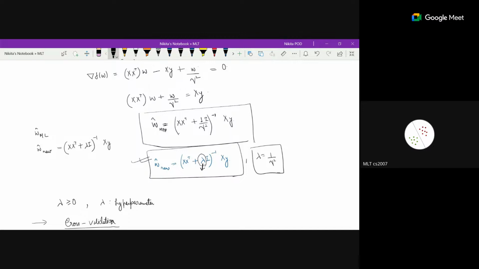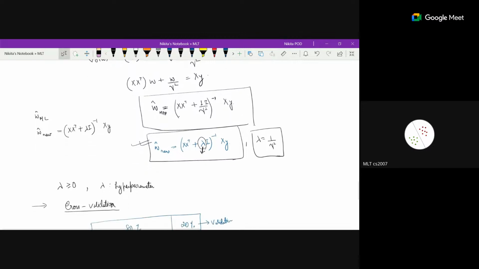Yes, the new estimator is going to reduce your mean square error for this linear regression problem where you are estimating your W. But what lambda should you choose is the question, right? And this lambda is basically a constant, which we define in such a way that it should be a positive number.